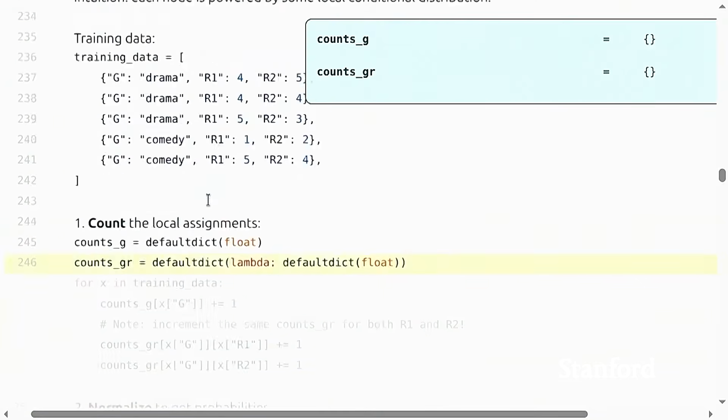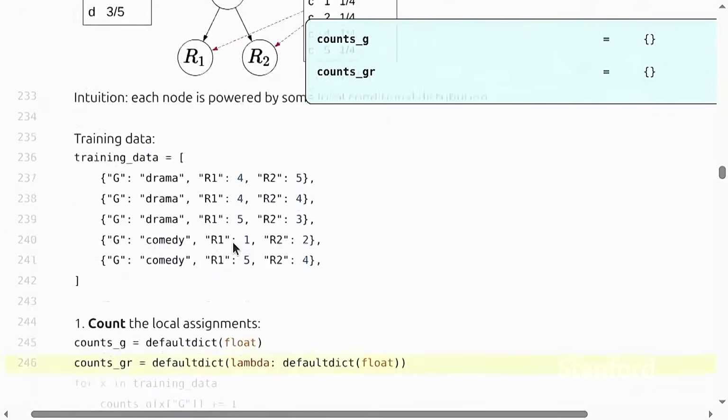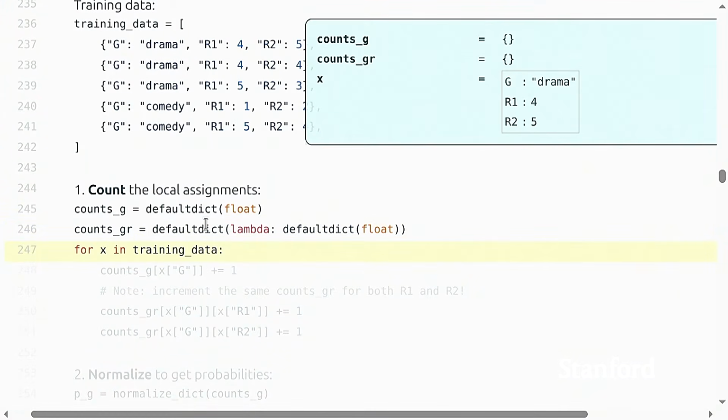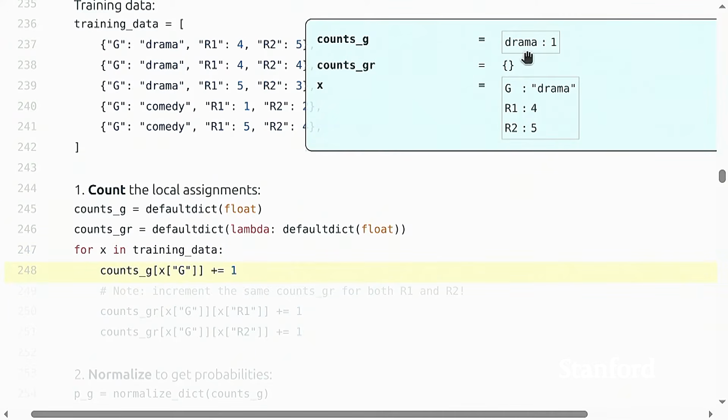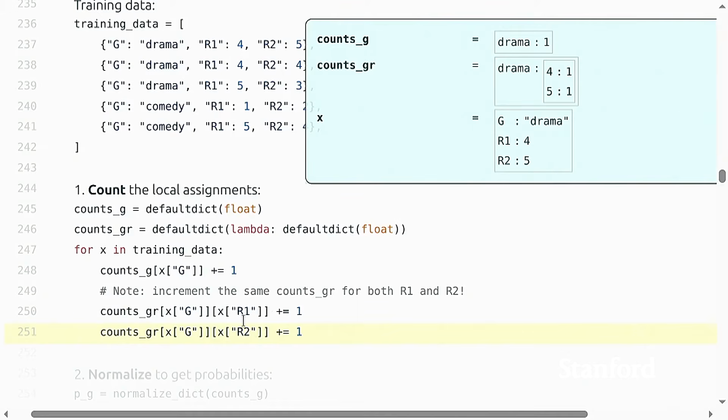And here, we only have two parameters, two conditional distributions, P of G and P of R given G. So we're just going to have two counts. When I go through my training data, I'm going to increment the counts over genre, so drama was seen once. And now, for R1 and R2, I'm going to increment the same counts as before.